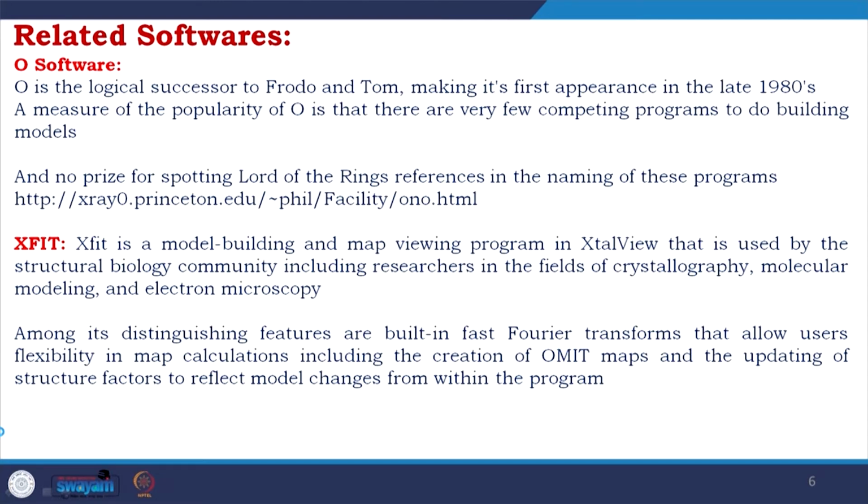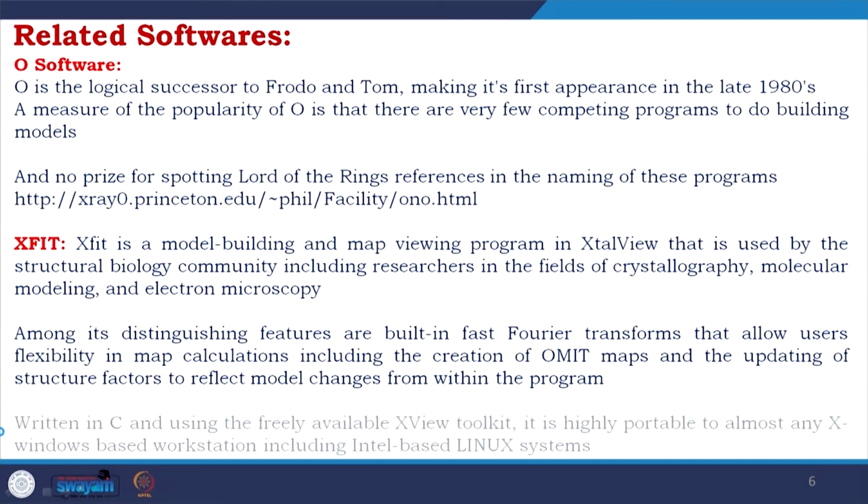So, you could do automated refinement and all. Written in C and using the freely available XView toolkit, it is highly portable to almost any X Windows based workstation, including Intel based Linux systems.